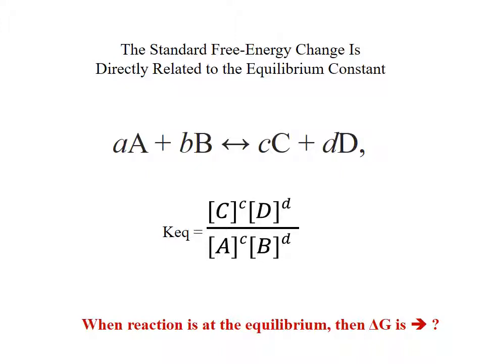This should obviously be A, and this should be B. So the equilibrium constant is the final concentration of the products divided by the final concentration of the reactants. When we reach an equilibrium, the delta G, the change in free energy, becomes 0.